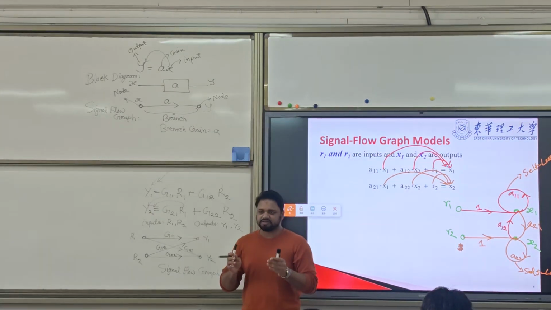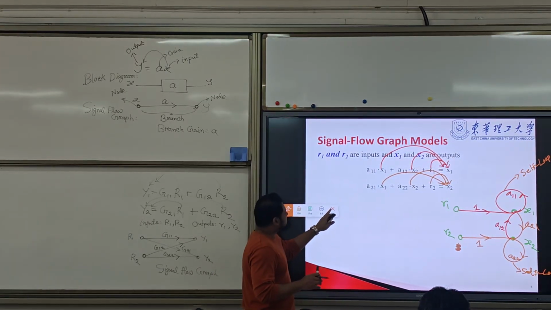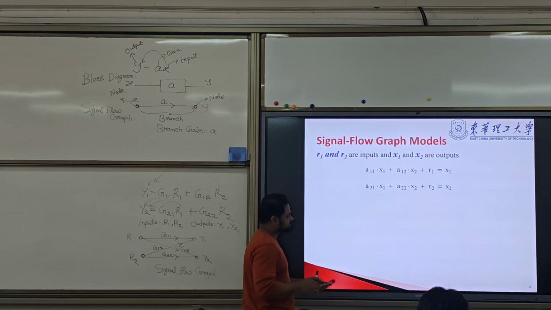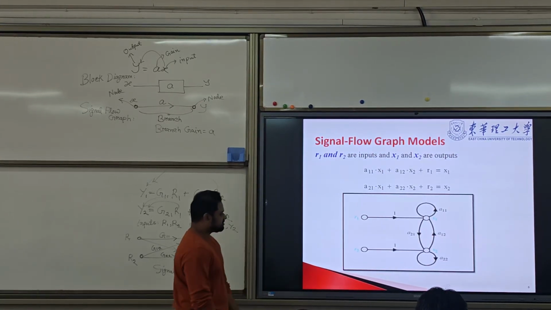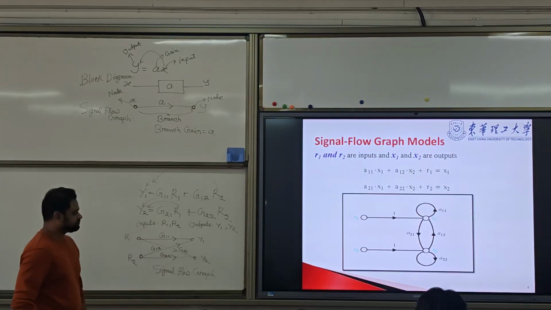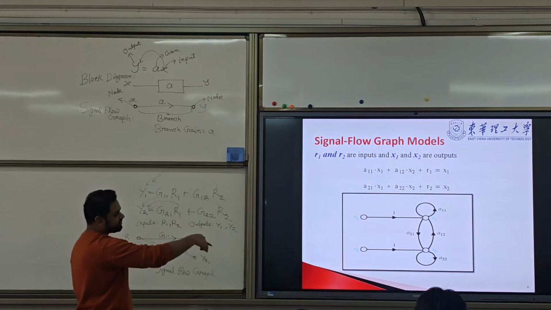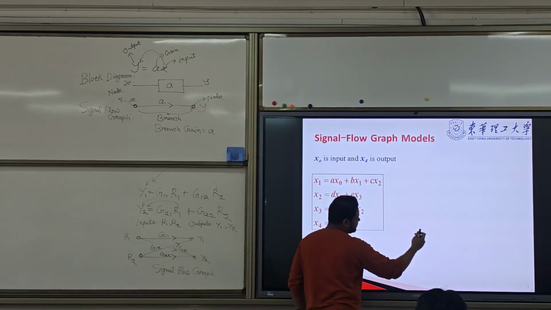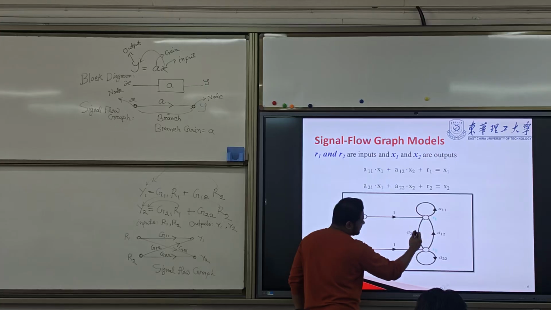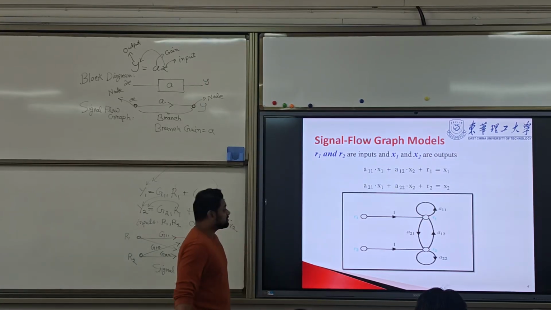But first you need to understand the signal flow graph. Here A21 and A12 are mentioned in another direction, but the directions are the same. So you can provide any, but the direction has to be accurate. Downward, upward has to be the same.